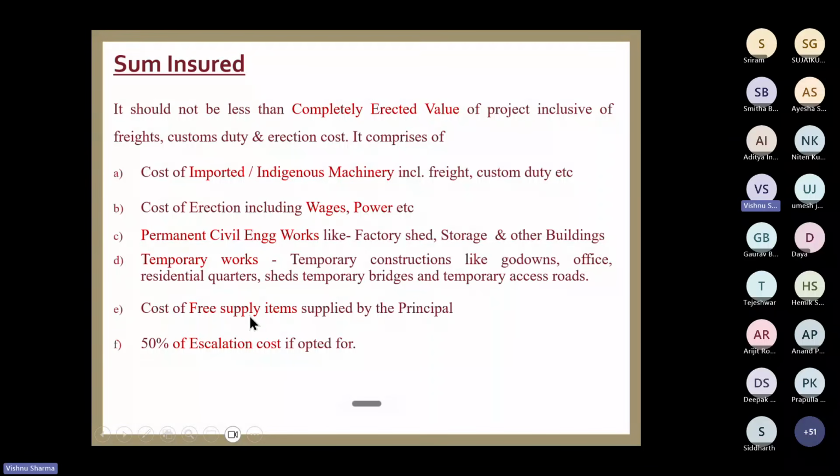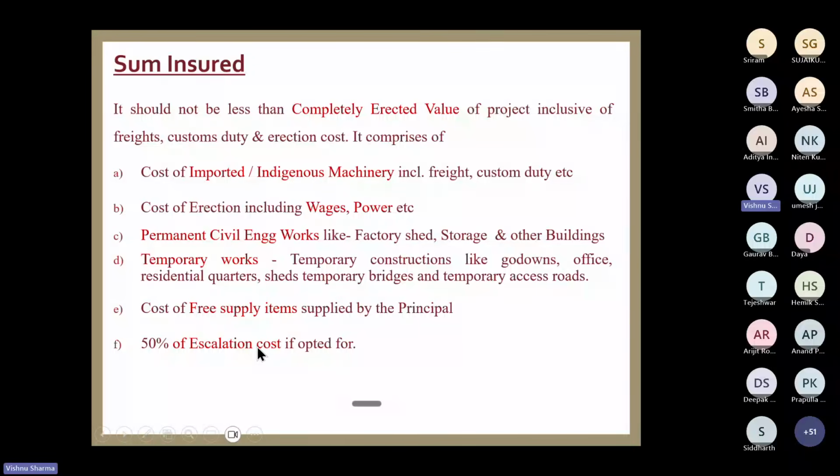Many times it is seen that contractors forget to include these items which they have received freely from the principal. Then escalation. Now you will laugh at what it says: 50% of the escalation cost is to be added to the policy sum insured. That means premium is supposed to be charged on 50% of the escalation.